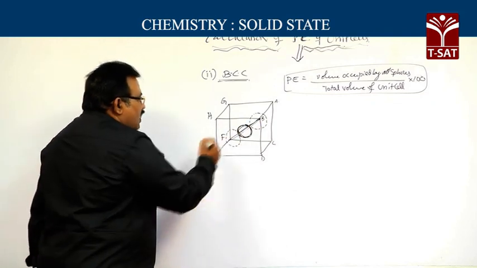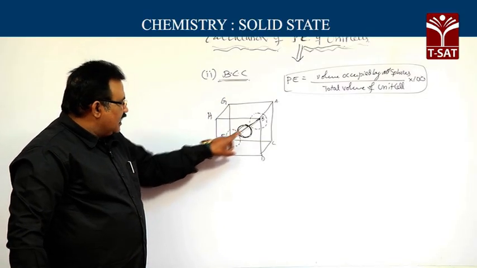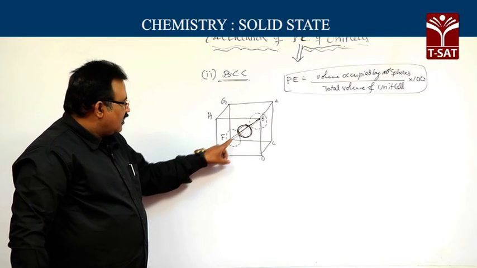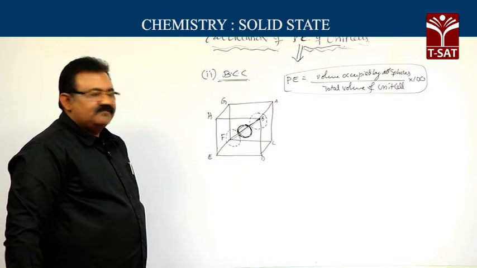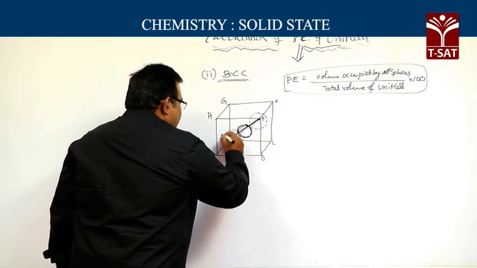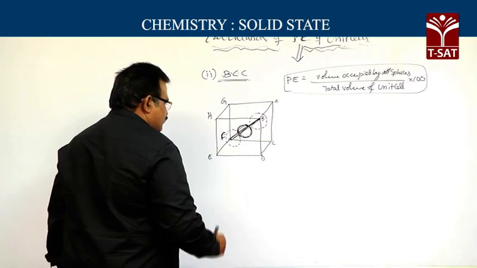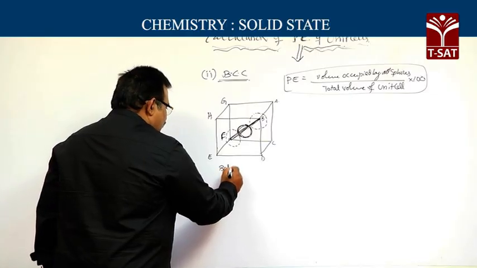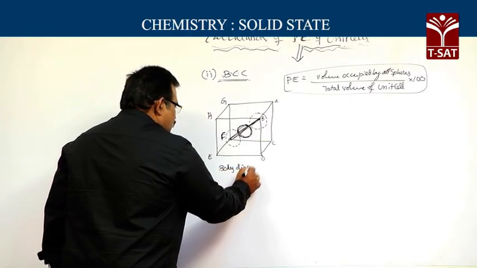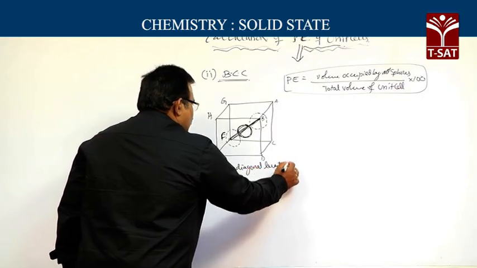So, in the body diagonal, especially in BCC, the nearest atoms are present along the body diagonal. So, this FB length is a body diagonal. Body diagonal length is FB.